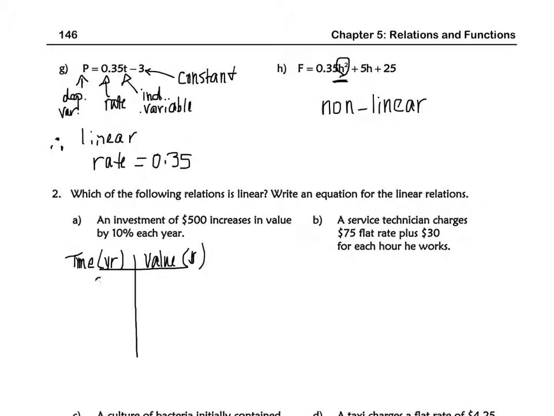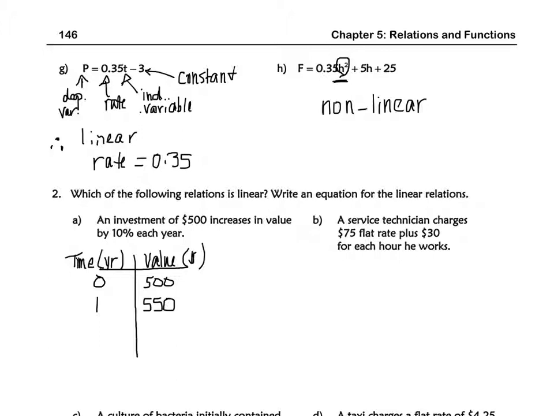If we pick time 0, that would go with a $500 value, and after 1 year, that would be going up by 10%. So 10% of 500 would be $50. So 500 plus 50 would be the value of the account after 1 year.